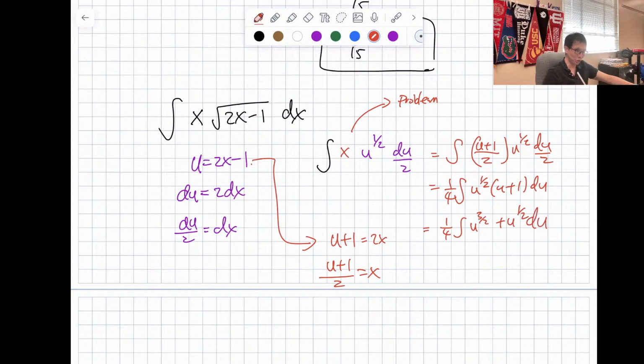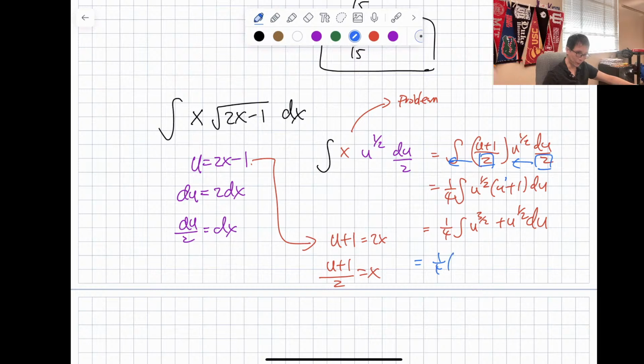Okay, so I can distribute this because I take out a constant. This constant is 1/2, so I can take it outside, so it's 1/4. And there's u to the 1/2 times u plus 1, so you can distribute that. This is just the power rule. So that's 1/2 plus 1, so 3/2.